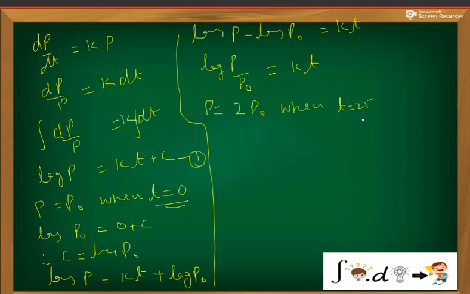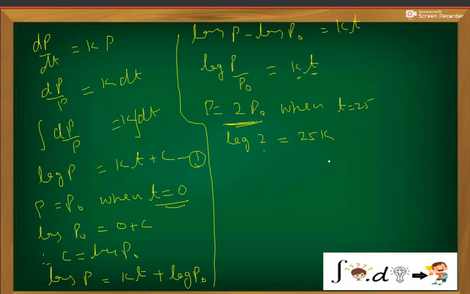Okay, substitute the value of t as 25, and therefore what will P by P naught become? It becomes log 2, and therefore log 2 is equal to 25 k, because the value of t is 25, k as it is, and P by P naught we calculate from here, its value is 2, and therefore log 2 is equal to this.